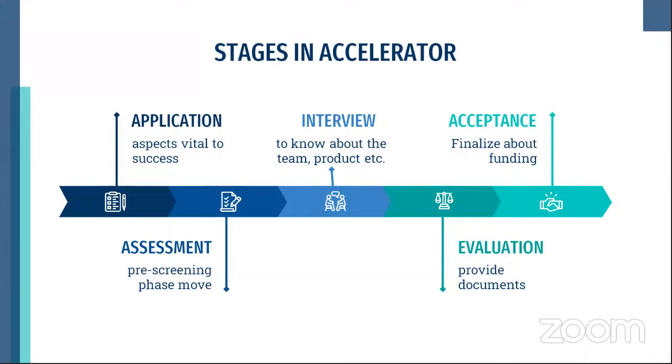Fifth is acceptance. Upon completion of the final evaluation, the investment committee will finalize where the funding will go during the 12 to 16 week program. Roughly 30 to 60% of the teams that made it to the assessment phase will receive funding.